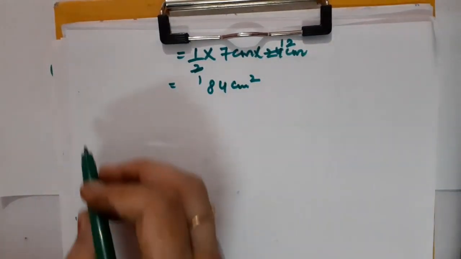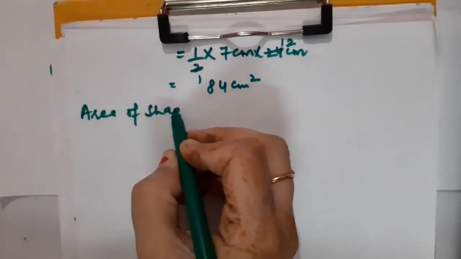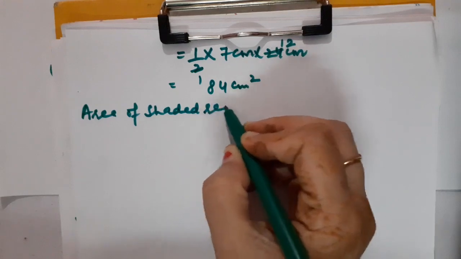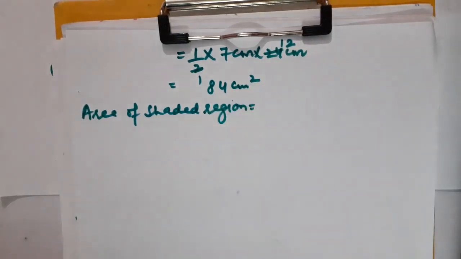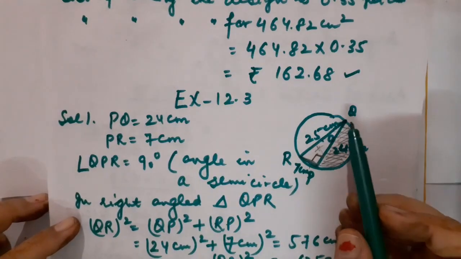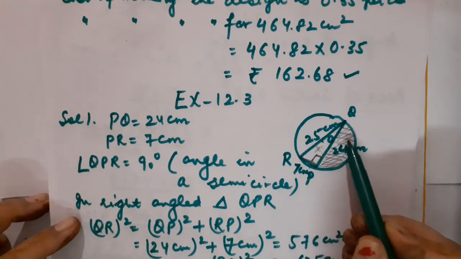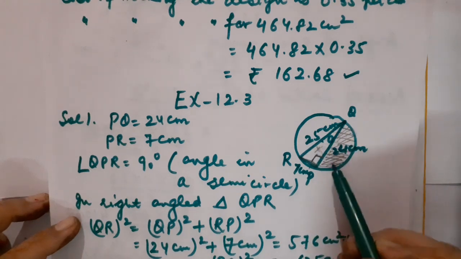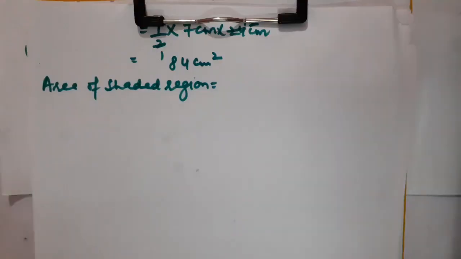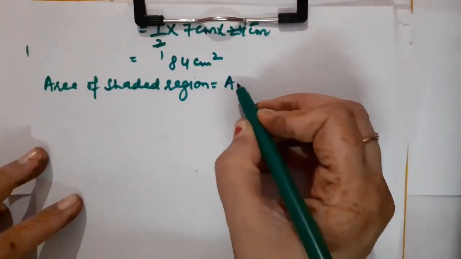Correct children? So now I will be calculating the area of shaded region. That I have just told you how to calculate. Area of semicircle. Have a look here. Area of semicircle minus area of right angle triangle. So we will be able to calculate area of the shaded region. So now I am writing the formula. This is very much important to write down the formula, children.